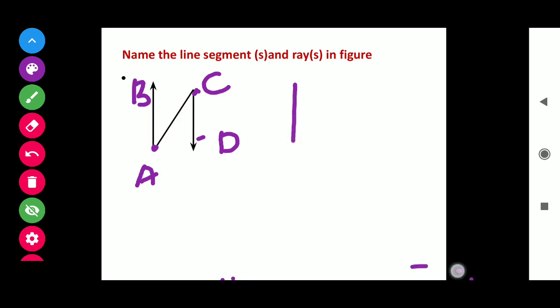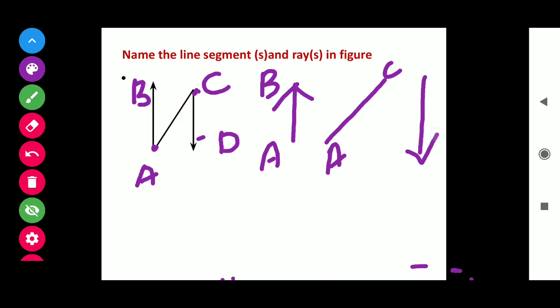First one, AB. Second one, AC. And third one, CD.